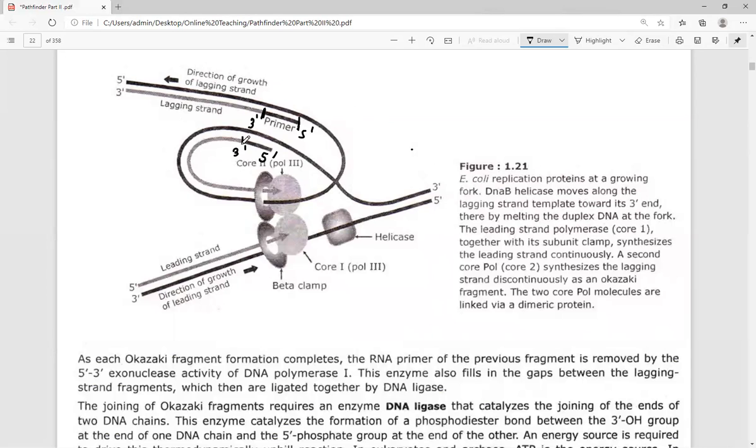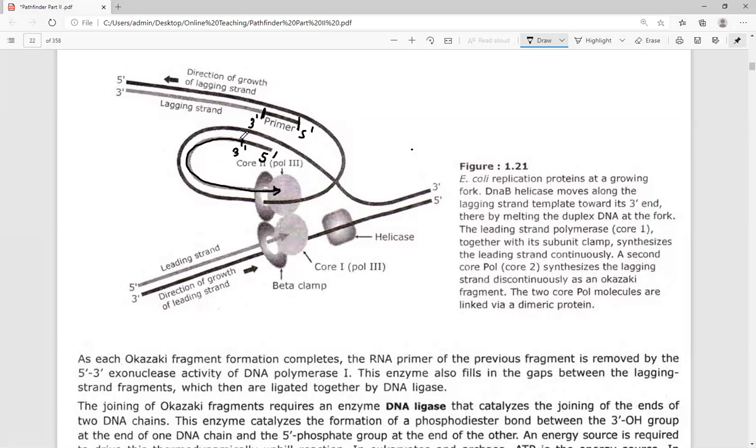It is here the extension is going to take place. This is how extension is going to take place.